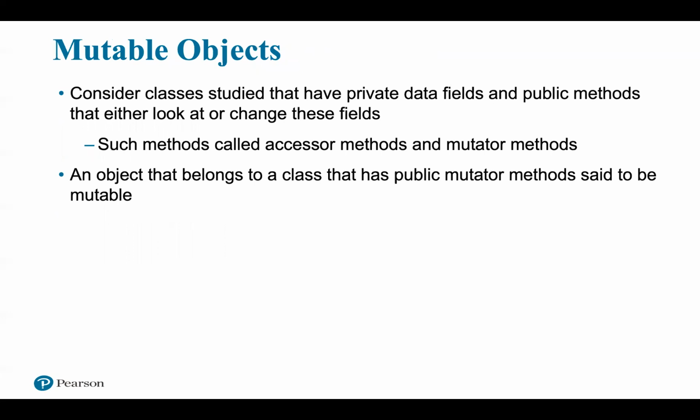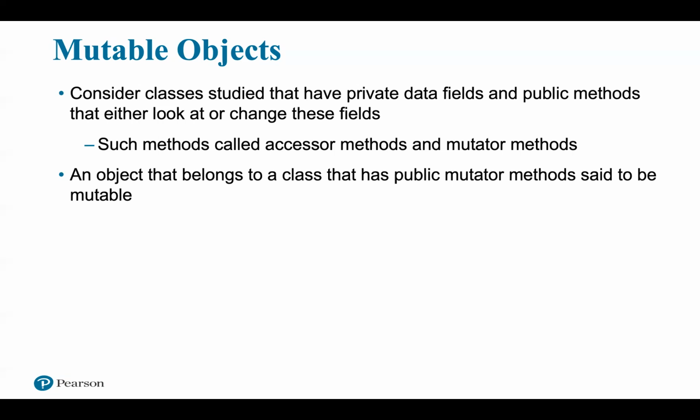So let's talk about mutable objects. Many of the classes you have studied so far have private data fields and public methods that either look at or change these fields. As you know, such methods are called accessor methods and mutator methods, or alternatively get and set methods. An object that belongs to a class that has a public mutator method is said to be mutable, as we mentioned in chapter 7, because the client can use the set methods to change the values of the object's data fields.